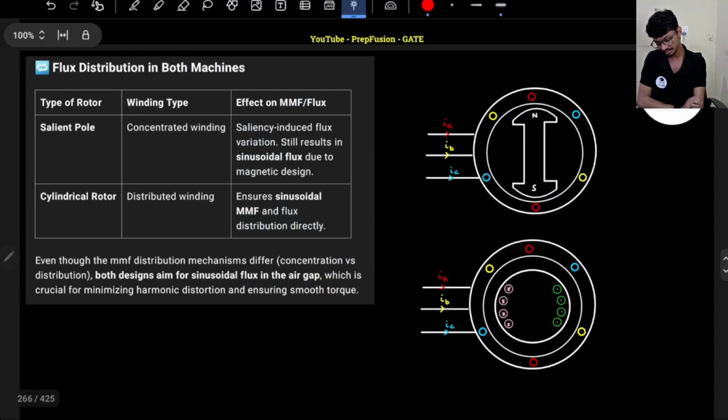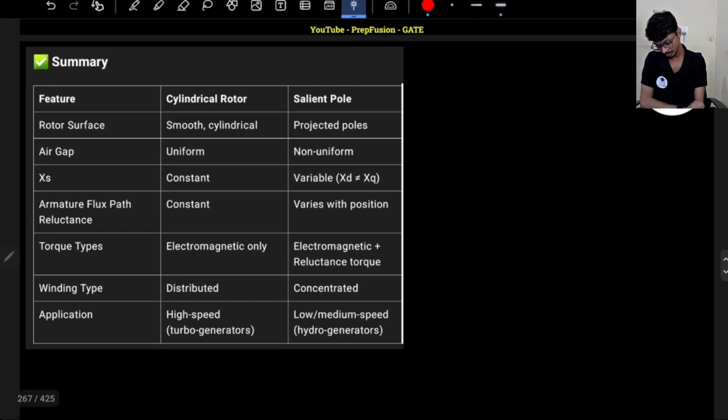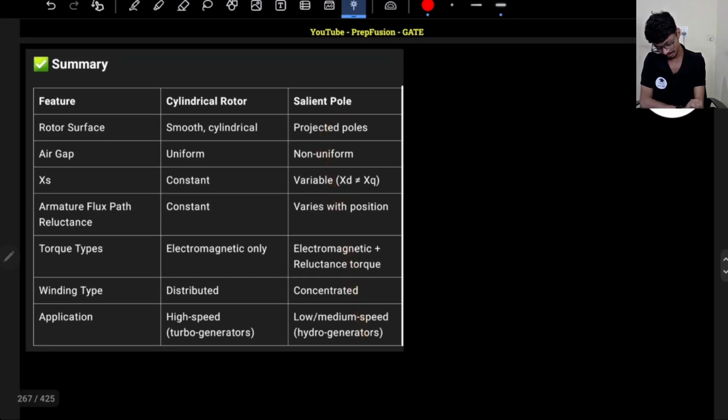Okay, so these are the differences between the salient pole and the cylindrical pole motors, and this is the summary. You can go through whatever we have discussed. The same thing is written over here. Generally, salient pole machines are used in low to medium speed generators such as hydro generators, where the torque requirement is higher than the speed requirement.